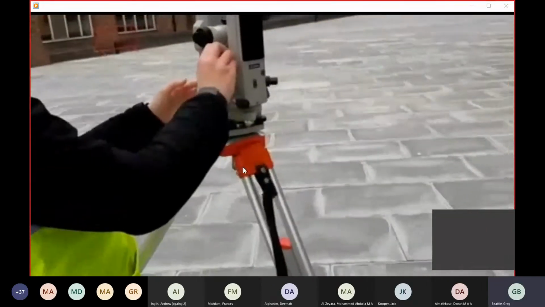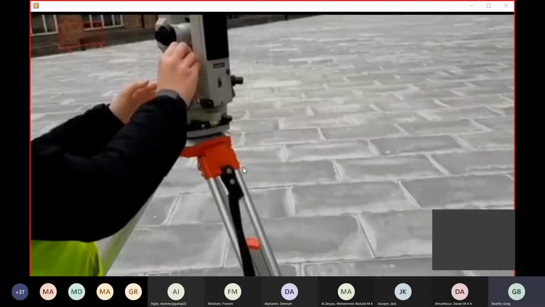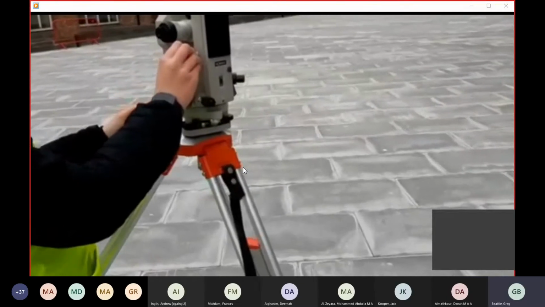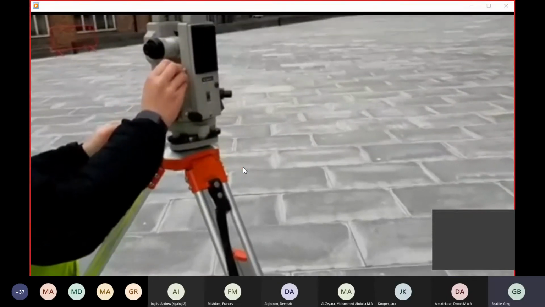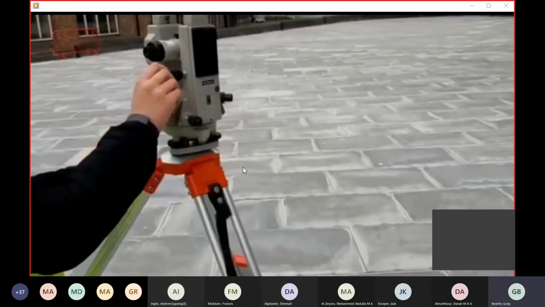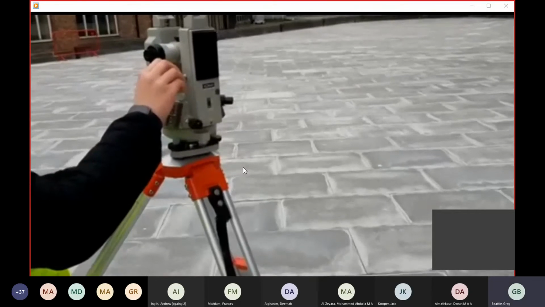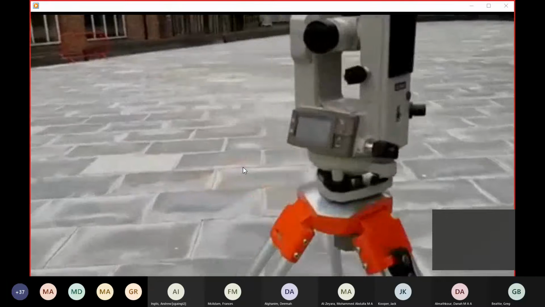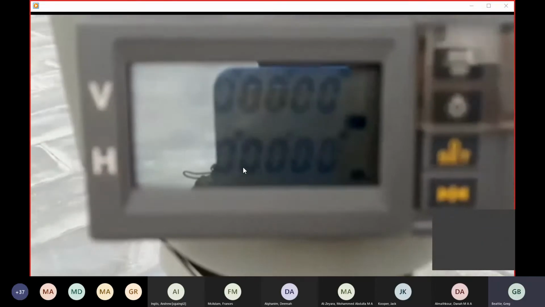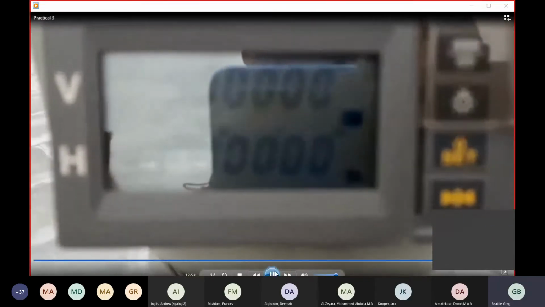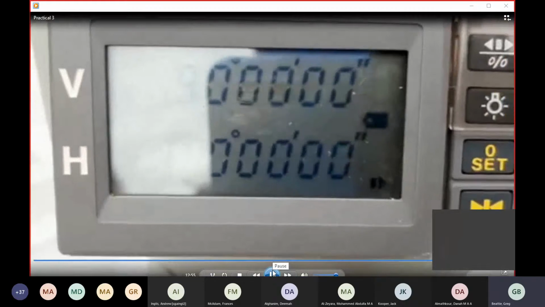Okay, so the Fiodelite here has been positioned and just fine-tuned for the final station. There you can see 90 and 0. Okay, so that's set up and ready to take the first angled reading.